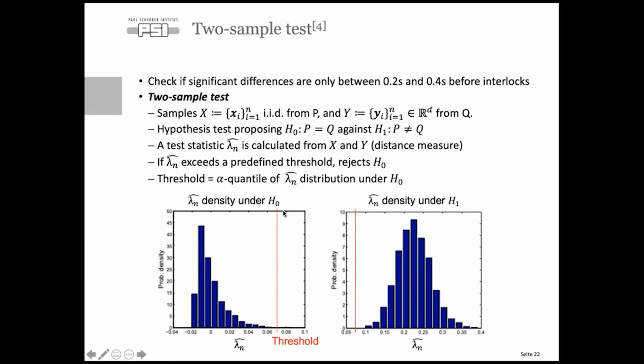If the 99% confidence threshold is taken here, which means that lambda n is equal to 0.07, then if we calculate our real lambda n from the data and it is larger than 0.07, this is very, very unlikely to happen under H0. But this very easily happens under the hypothesis H1.